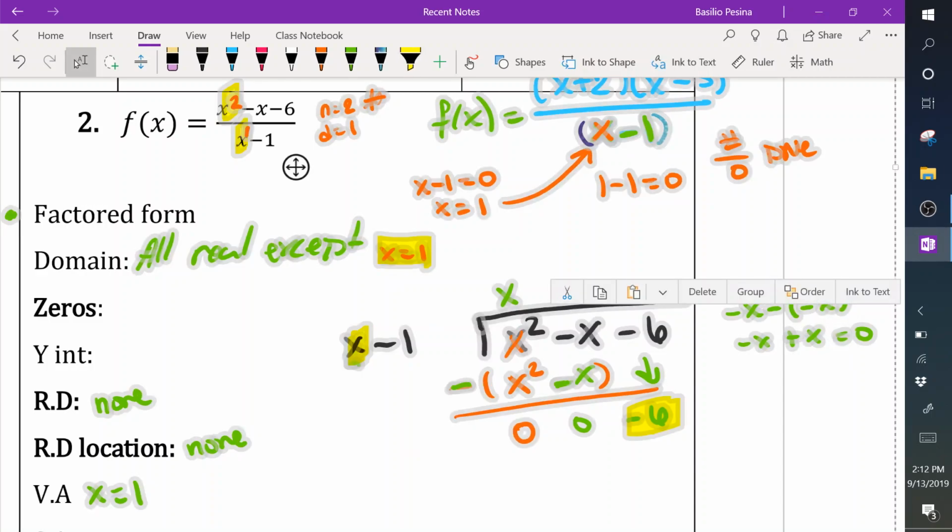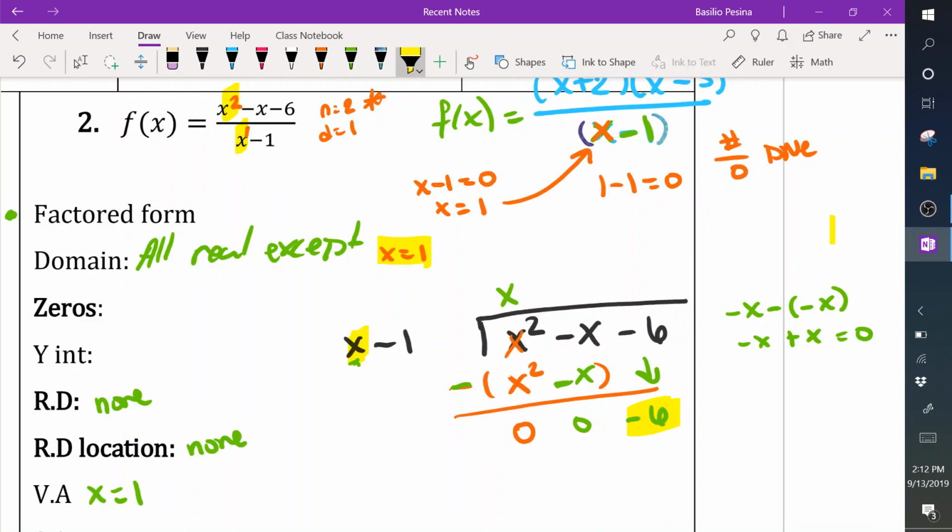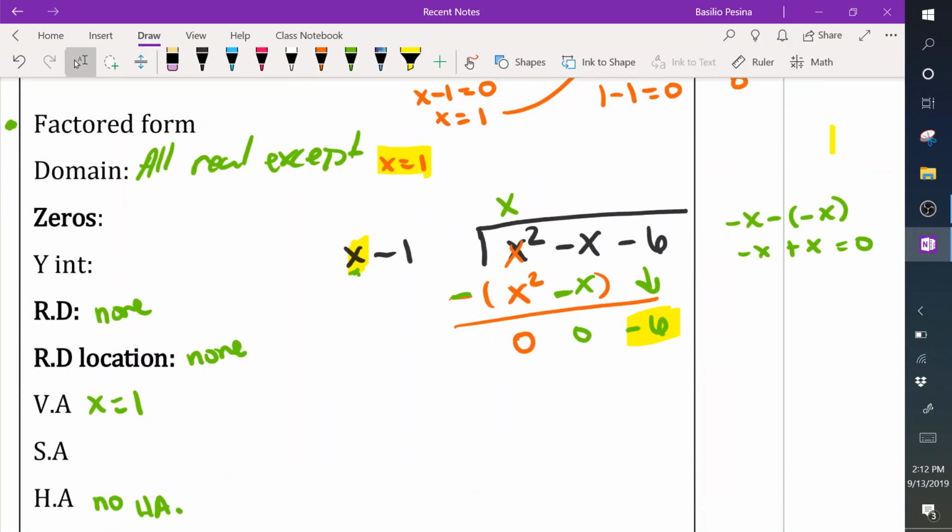I have to notice that this is all that I can do so far. So my equation is going to be this x right here. If I long divide, the equation for the slanted asymptote is y equals x, what I got from here, plus the remainder, that is this negative 6 right here.